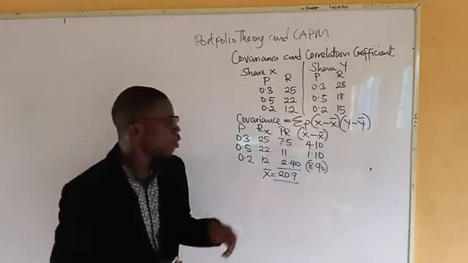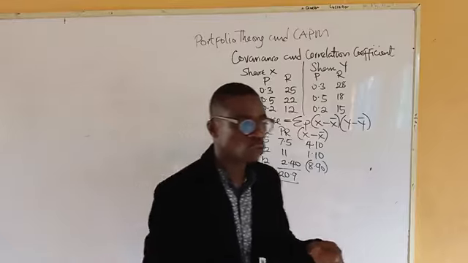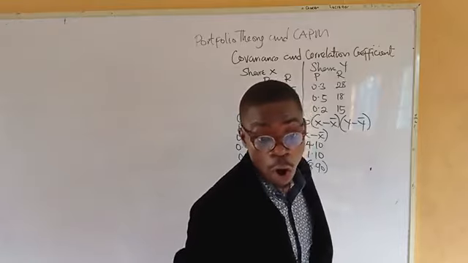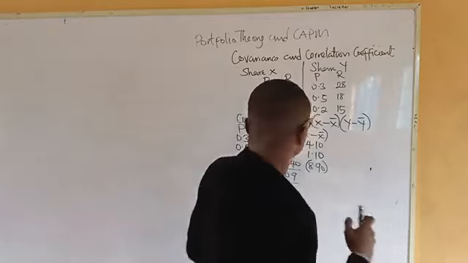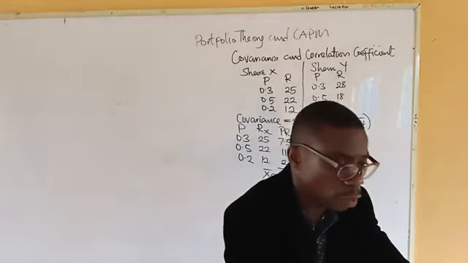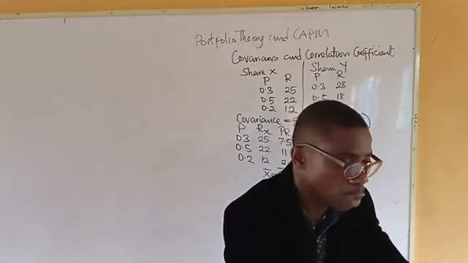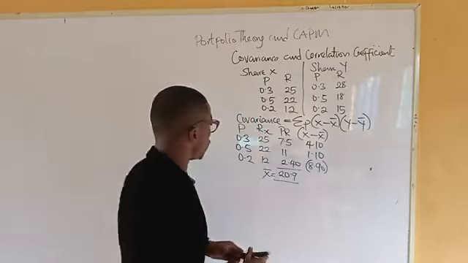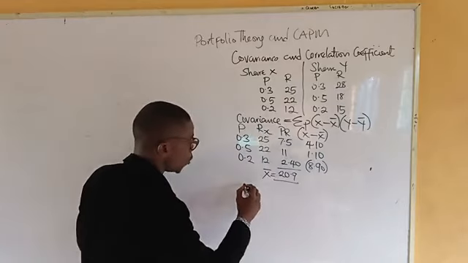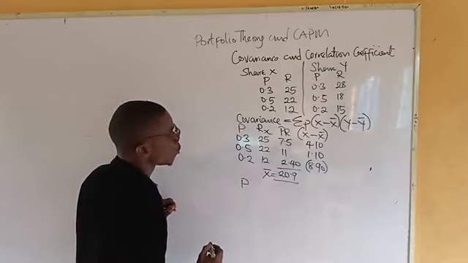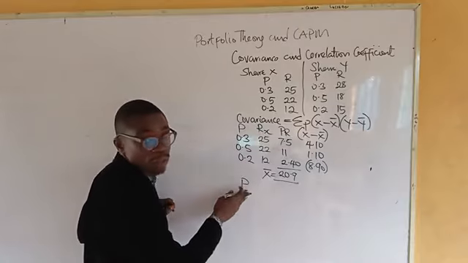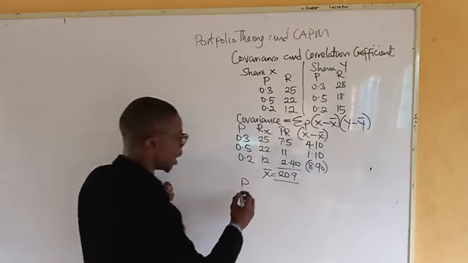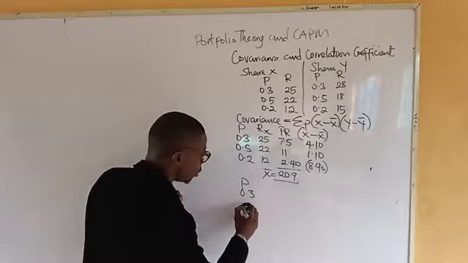Now if we have done for this, let's do for y. Let me bend the camera now. For y, we already have P: 0.3, 0.5, 0.2.